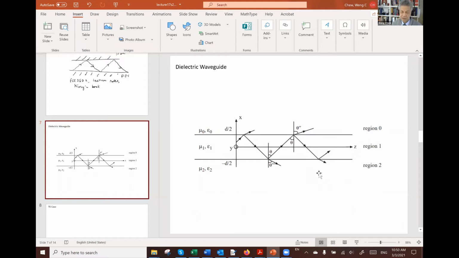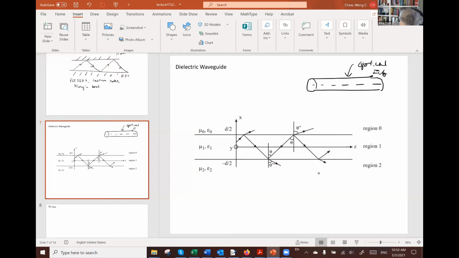But the true waveguide that you have in the present world that is dielectric is the optical fiber. And this optical fiber has essentially changed our life, or changed the way we communicate with each other, because you can send an optical signal on an optical fiber.